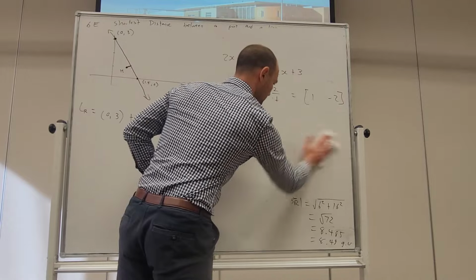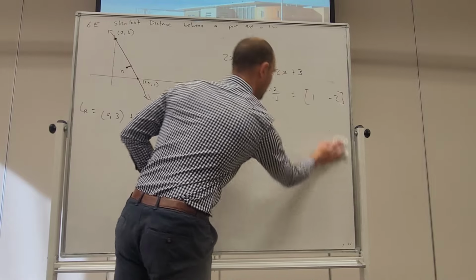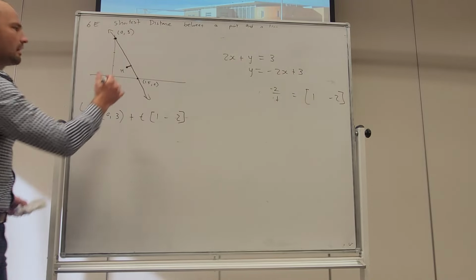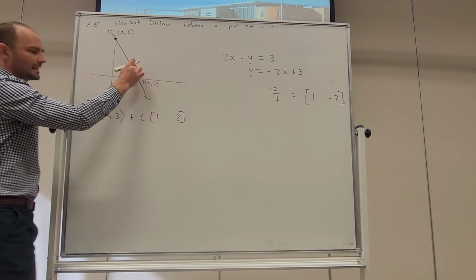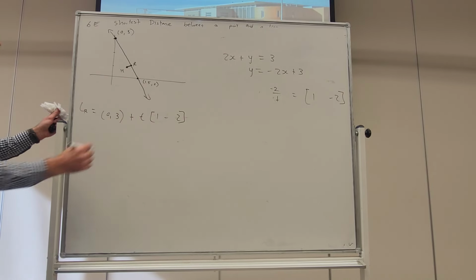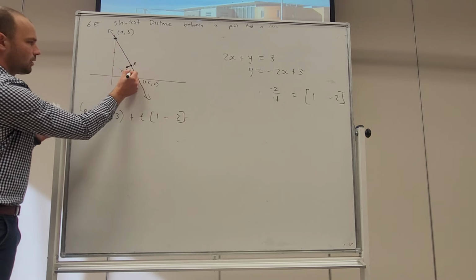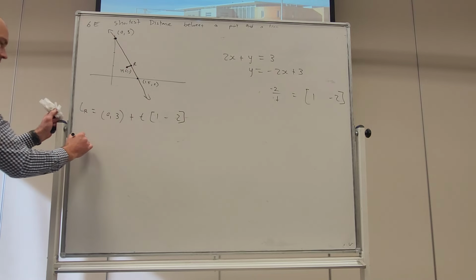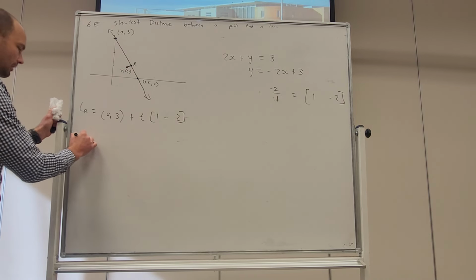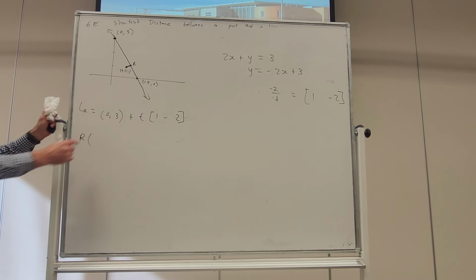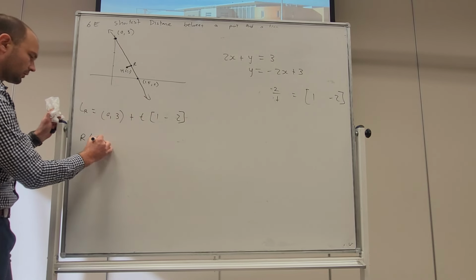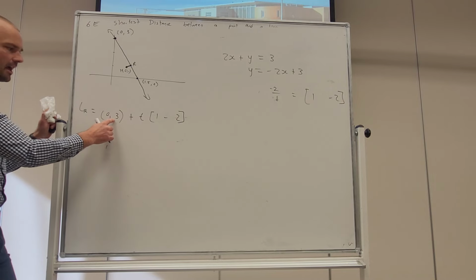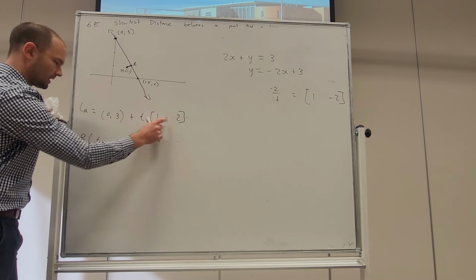So now, what are the coordinates of R? This is the point where the driveway from the house hits the road. We know the house is x is 1, y is 1. The coordinates of R are going to be x is 0 plus t, so we'll just have t for x, and y is 3 take away 2t.